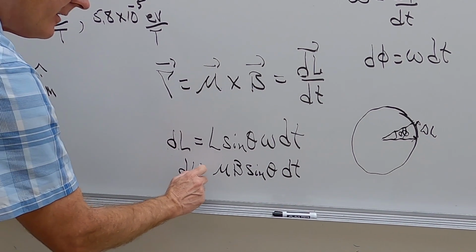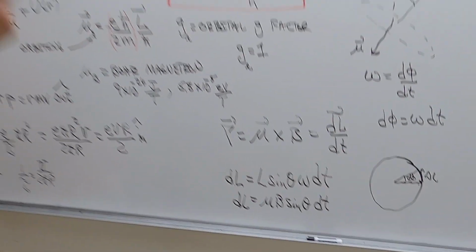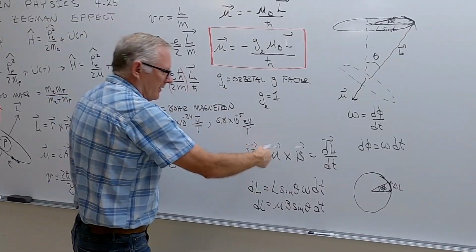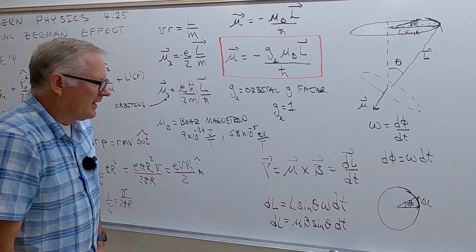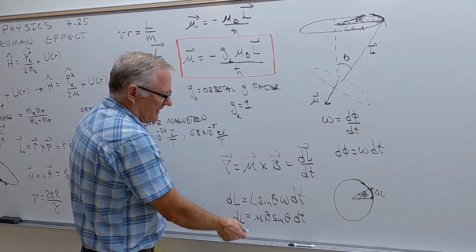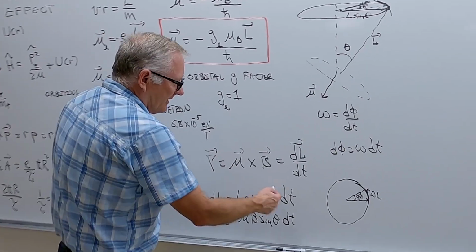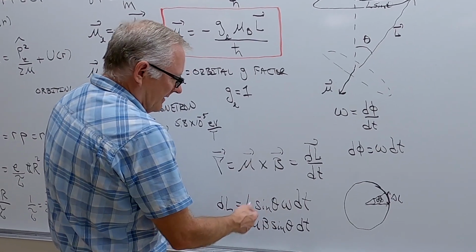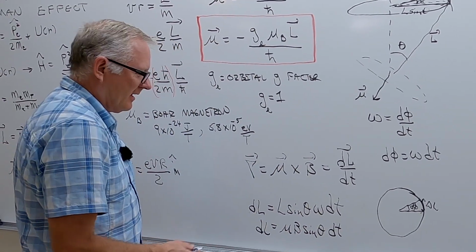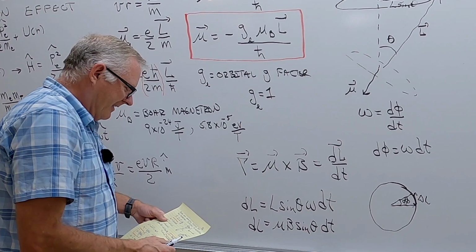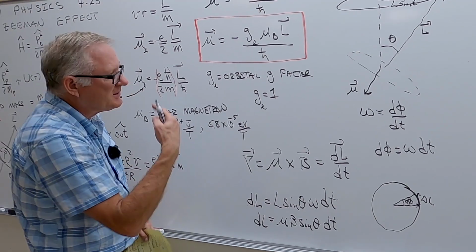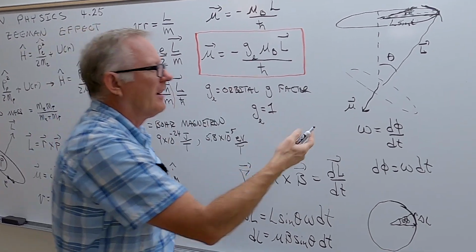So I got dL two different ways, one from the geometry and one from this definition. Since they're equal to each other, I can equate these two. The dt's are gone, the sine thetas are gone, and we can solve for the angular frequency that this thing precesses around.